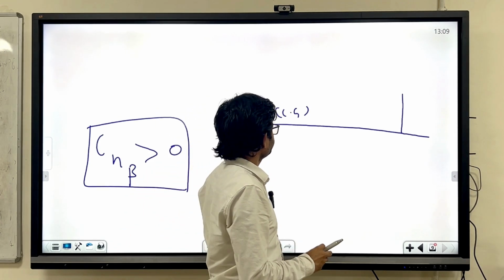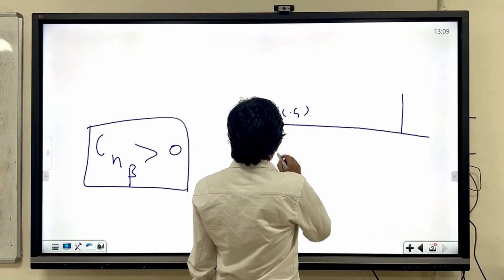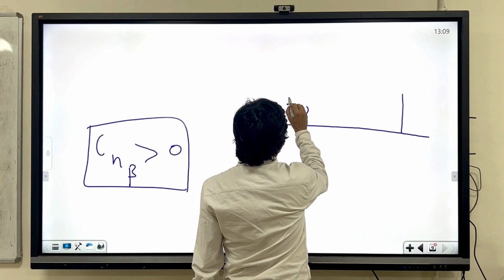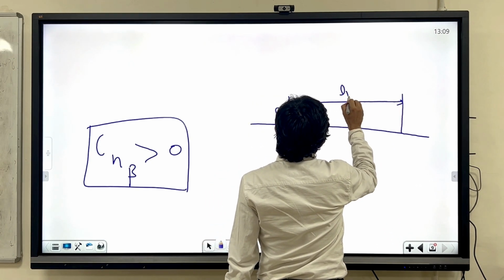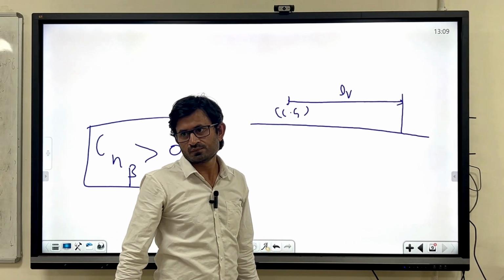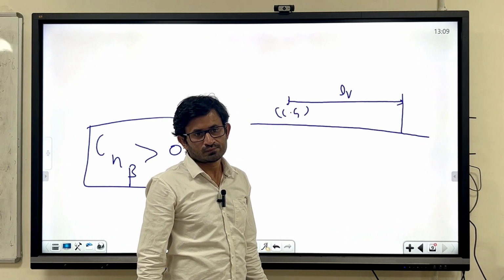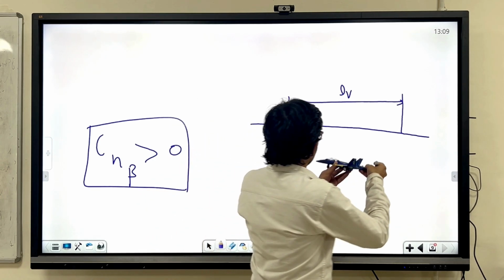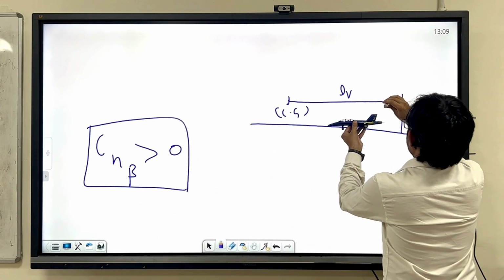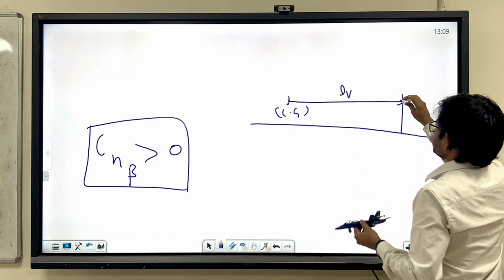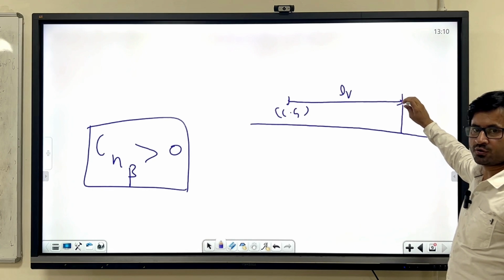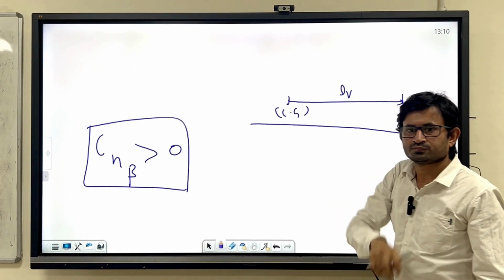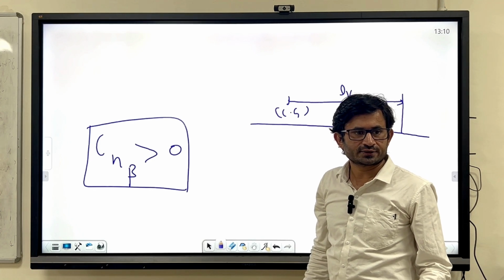So I can write this distance as LV. If you put the aircraft, your vertical force is this. This is the vertical force, and that will try to rotate the aircraft in a positive yaw direction, right?